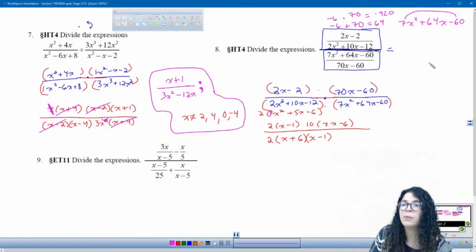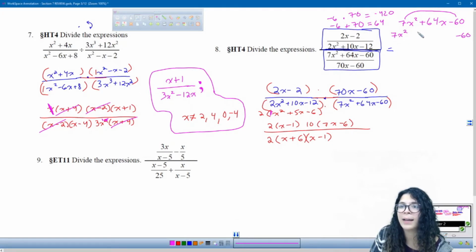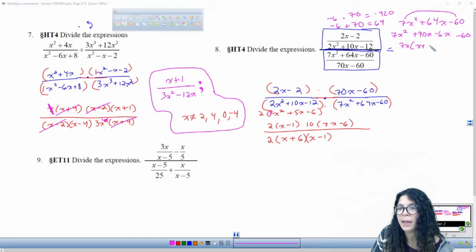Once you find those 2 numbers, that's what you want to split the middle term as. Instead of writing it as 64x, we want to write it as 70x plus negative 6x. And remember, the order that you write these does not matter. Then you group the first 2 and factor out as much as you can, which is 7x, giving us x plus 10.